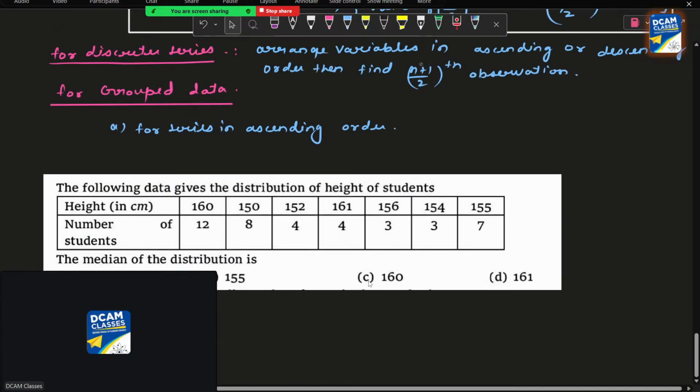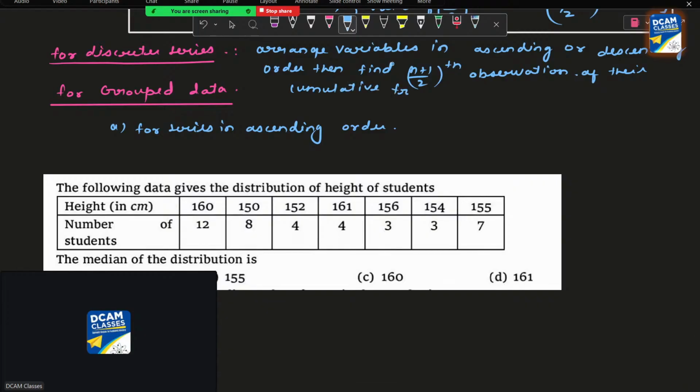It looked like we had to arrange the frequencies in ascending or descending order, but it is the variables. Then the cumulative frequencies. Now correct, 155. 155. Correct.